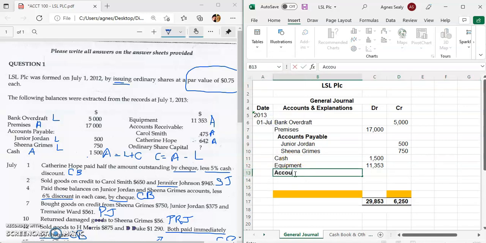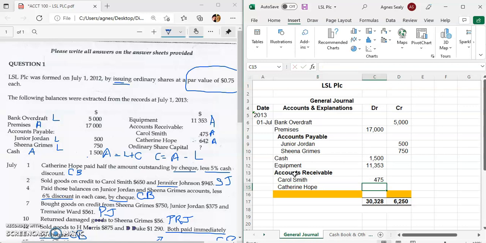So we have Carol Smith, who is a debtor, balance $475, debit column, and Catherine Hope with a debit balance of $642. So these are a list of our assets and liabilities.